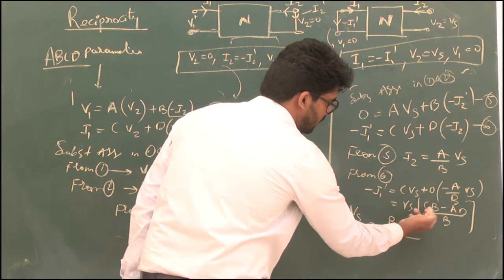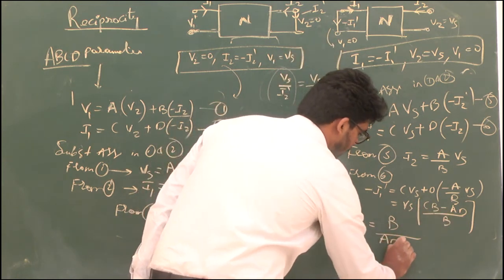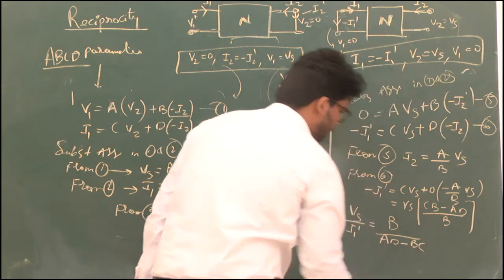Therefore this becomes minus and this will become plus, therefore AD minus BC.